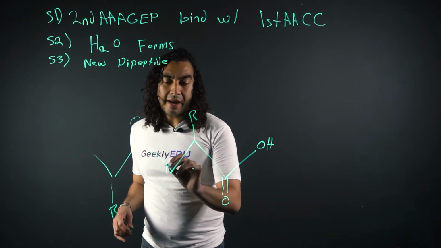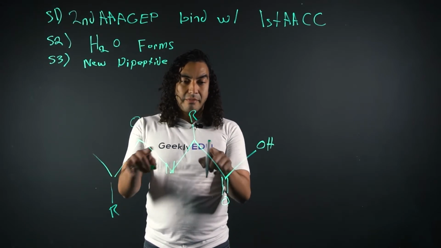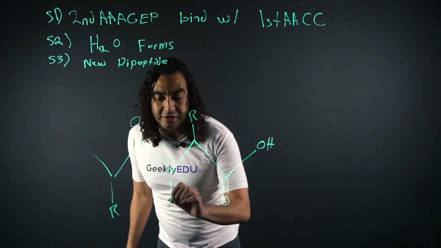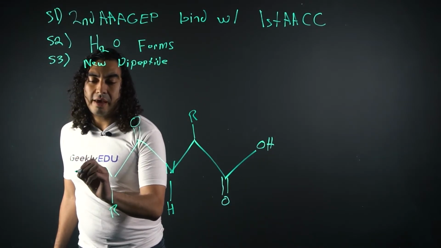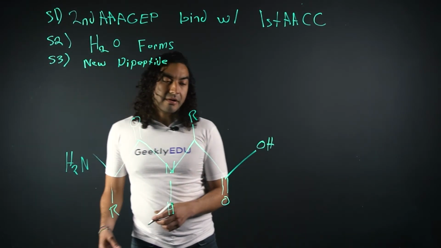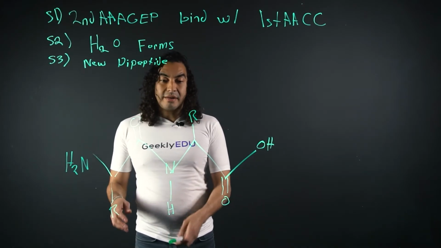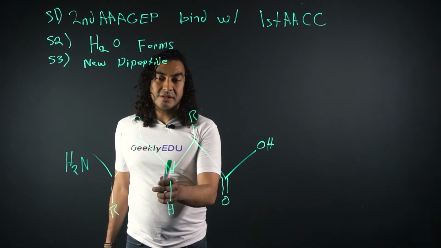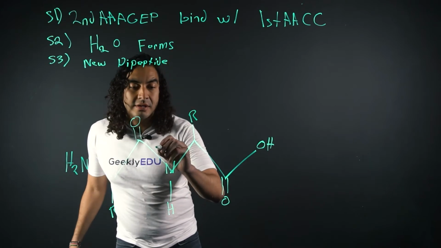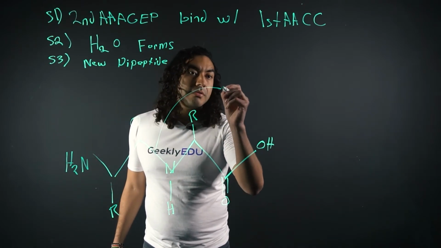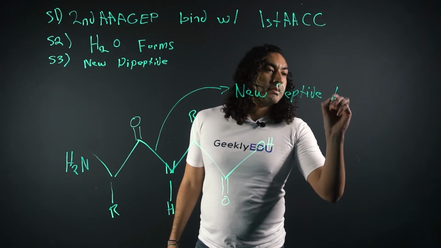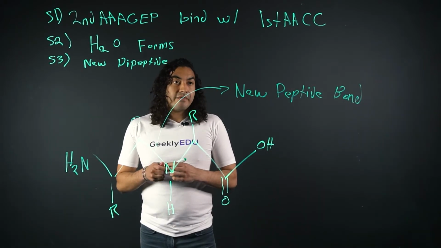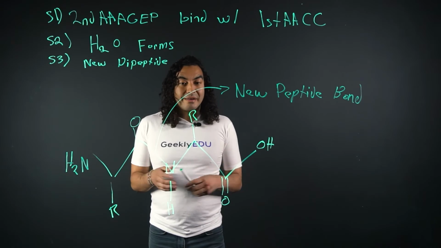We're going to put a nitrogen in the middle of our two mountaintops. A hydrogen is going to come off right here, and we're going to have our H2N amino group here on the left side. Our peptide bond is going to be right here between the nitrogen and the double lined oxygen. So this is going to be our new peptide bond. And that's how you form a peptide bond.